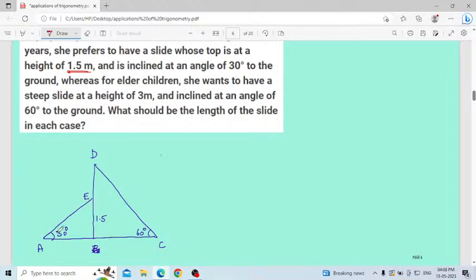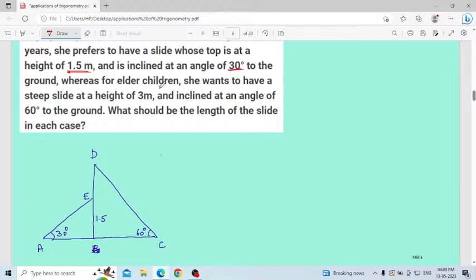The smaller slide is for below the age of 5 years, and also it is inclined at an angle of 30 degree. That's why I mentioned here this is the smaller slide making an angle of 30 degree here.